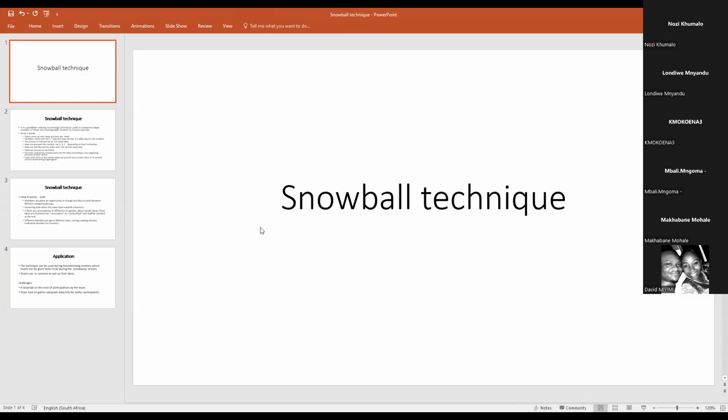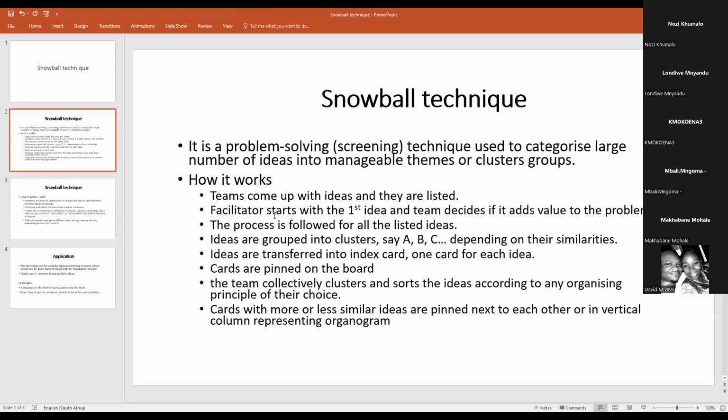So my second presentation is on the snowball technique. This is the problem-solving technique that falls under the evaluative quadrant. And this technique is used to categorize a large number of ideas into manageable themes or cluster groups.